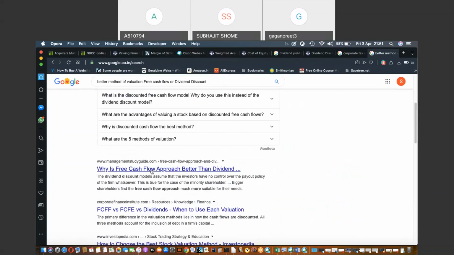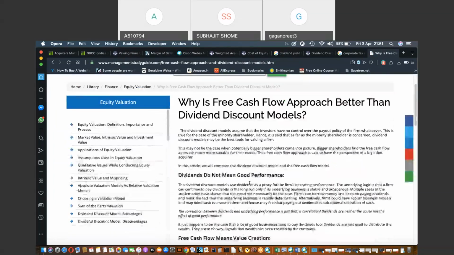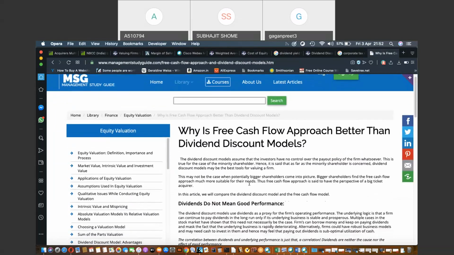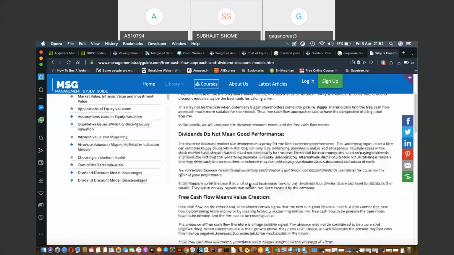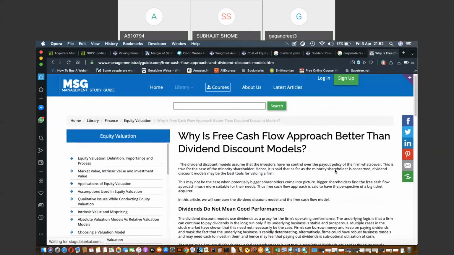So free cash flow is better, right? So the free cash flow method meets the criteria, so we can invest in this company.